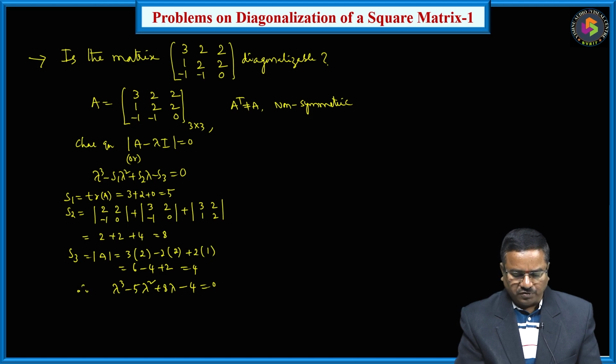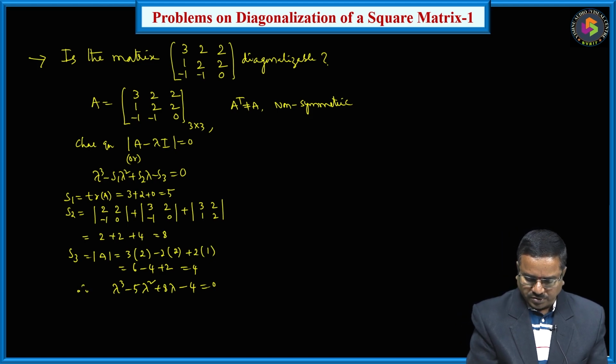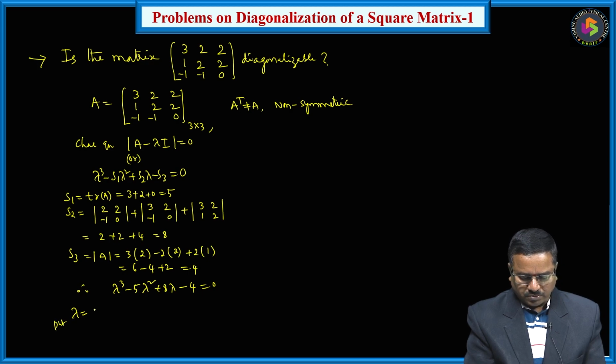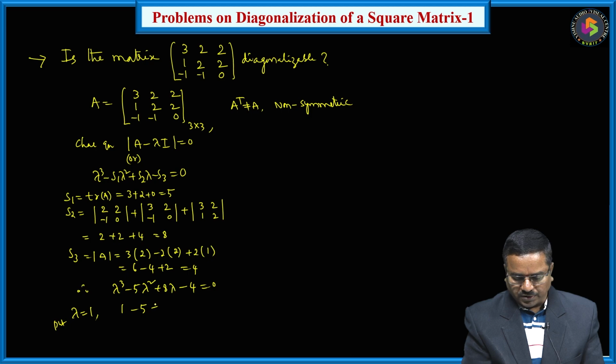So, by inspection you can find one root. Start with 1: put lambda is equal to 1, we get 1 minus 5 plus 8 minus 4, which is 0. So, by inspection lambda is equal to 1 is a root.